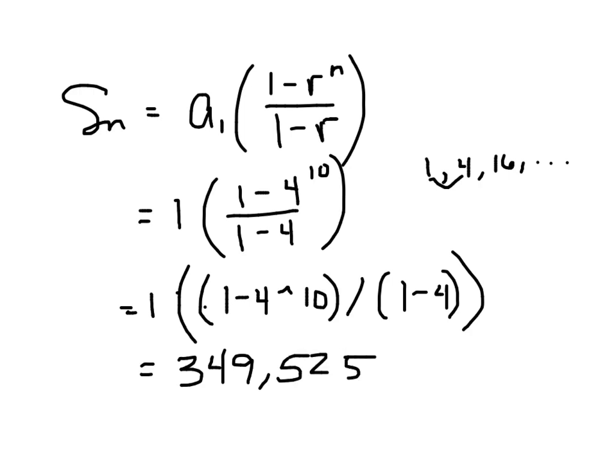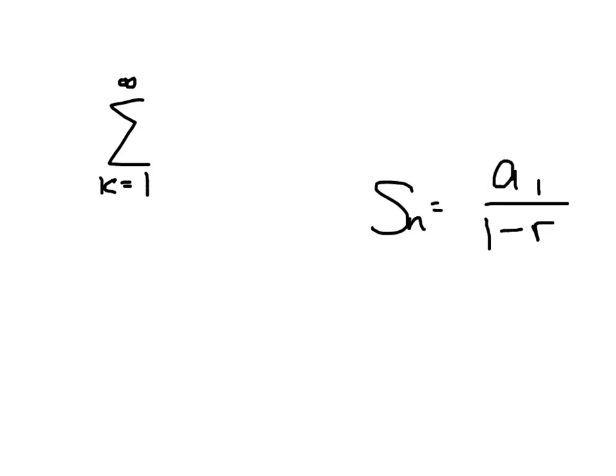So just so that you are aware of it, it's one of those formulas that if you're finding the partial sum or the first so many terms, that's what it has. If they ever ask you to find the infinite geometric series, which means that it goes on forever, when you see something like that with infinity on the top, then that also has a formula where it would be A1 over 1 minus R. The only time that you can use that is if the ratio is less than 1.